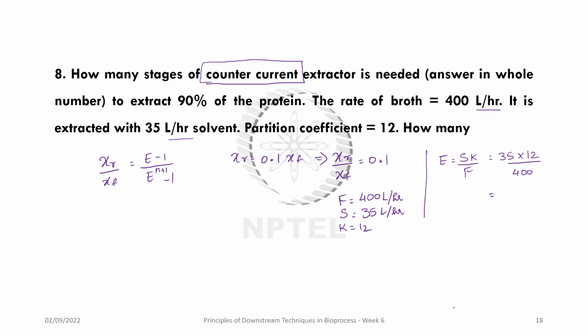So what is E? 1.05. Thank you, Natajan. So, will you all substitute these values next and tell me in this formula? We know what XR by XF is, what E is. Just find out what n is and tell me.